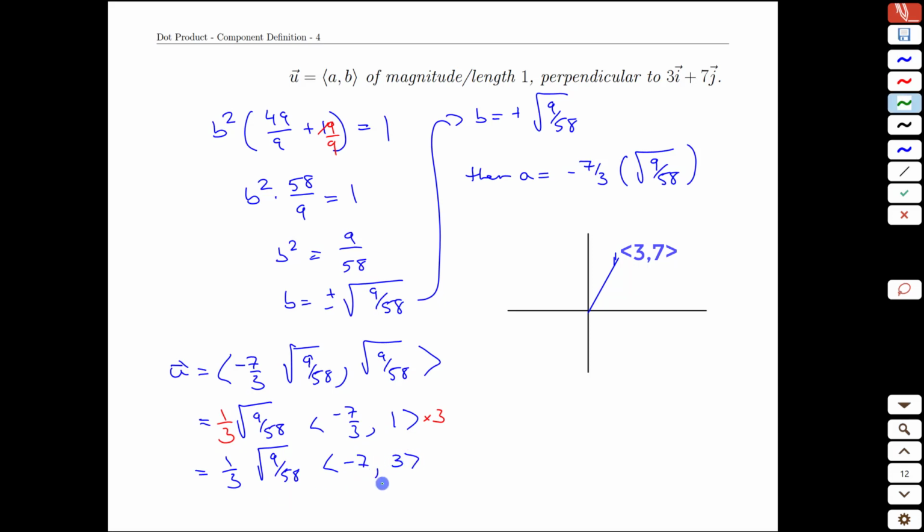And lo and behold, this is a direction, or it captures the direction of the vector. All the rest of the information here was put in place to make sure that the magnitude of the vector was 1. But from here I can tell that we're going left, mostly left, and up, like so.